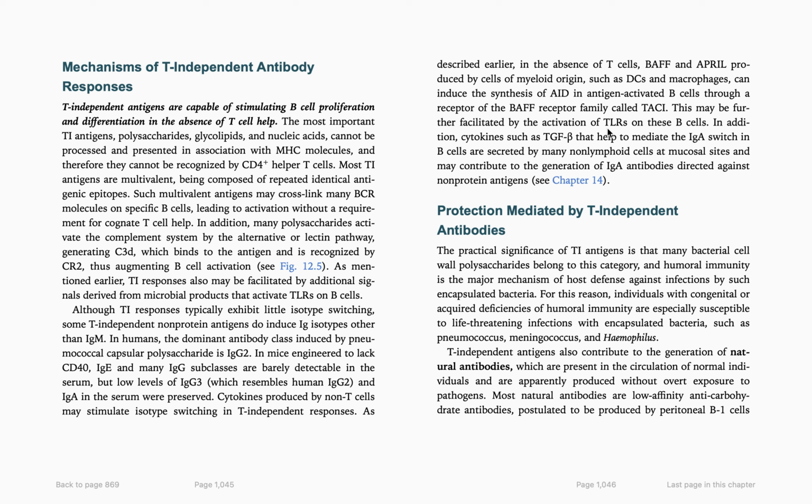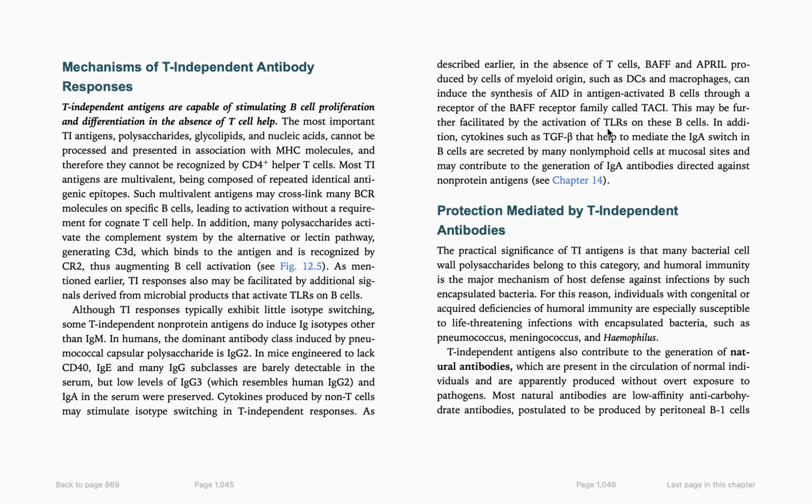Cytokines produced by non-T cells may stimulate isotype switching in T-independent responses. In the absence of T cells, BAFF and APRIL, produced by cells of myeloid origin such as dendritic cells and macrophages, can induce the synthesis of AID in antigen-activated B cells through a receptor of the BAFF receptor family called TACI.